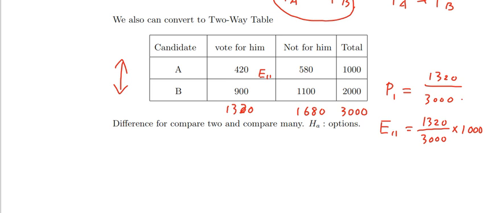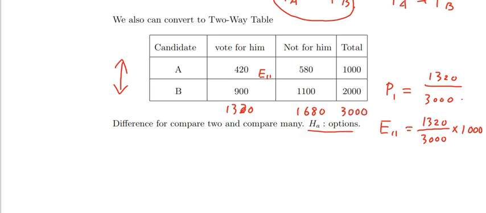Okay, so just like we apply ANOVA to the two-sample problem, here we apply the two-way table to the two-proportion problem. So we can use ANOVA or the two-way table, but the difference is HA.